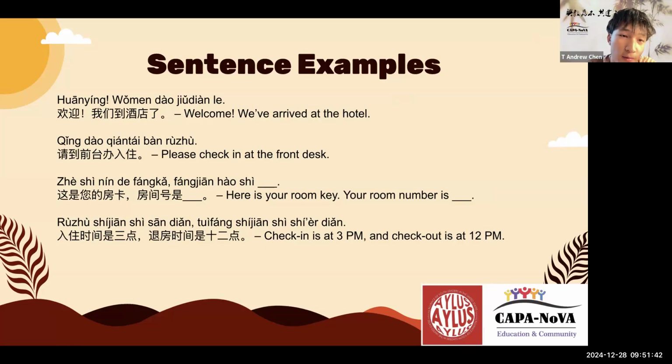We have arrived. 我们 is we. 到 is have arrived. And 酒店 is hotel. So together, welcome, we've arrived at the hotel. 欢迎，我们到酒店了。我们到酒店了. Very good.